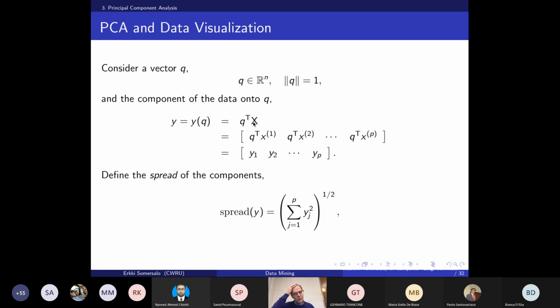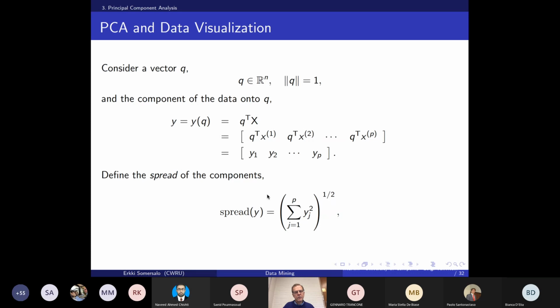I'm going to discuss the centralization a little bit later on, but you can think that this X is now centralized data. These inner products are scalars, and the scalars are now denoted by y1, y2, etc., yp. So I have here a row vector. Uncharacteristically to my notations, y is now a row vector. These are the components of my data in the direction q.